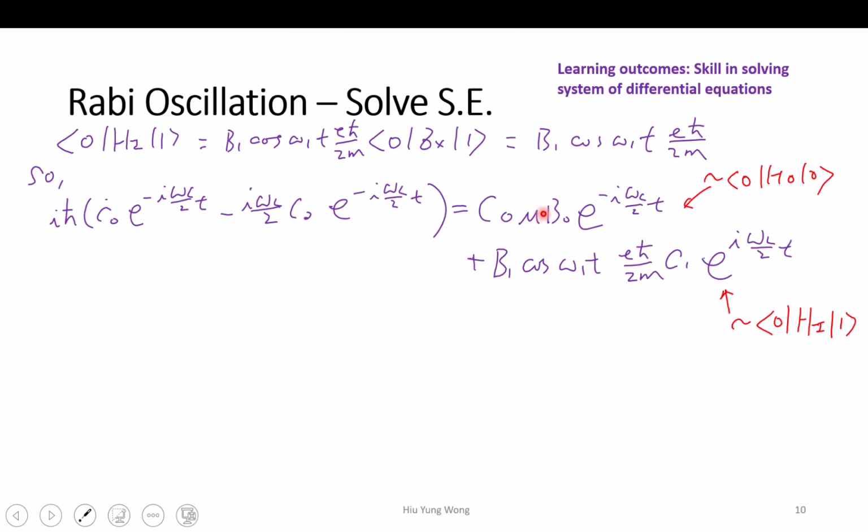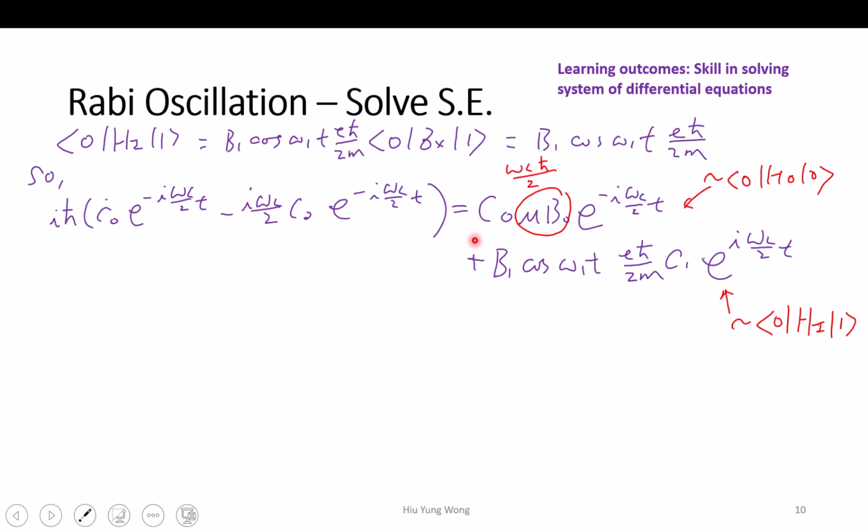So this is equal to ω_L times ħ divided by 2, right? This term divided by 2. Okay, let me rewrite it. ħ divided by 2, right?